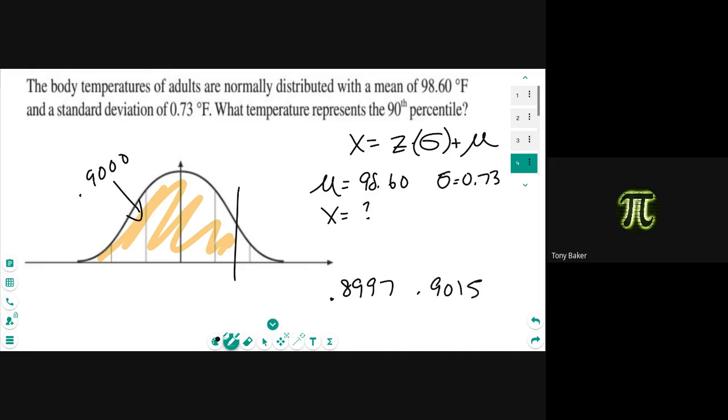Which one's closer to 0.9000? That's closer. I know everybody always goes, oh, 0.901, but 0.8997 is closer than the other one. So that's what we're going to want to use for our Z. So our Z in this case is 1.28.